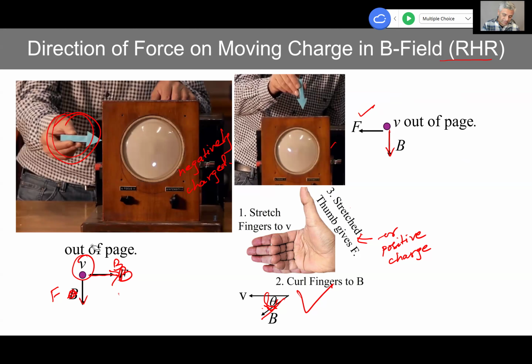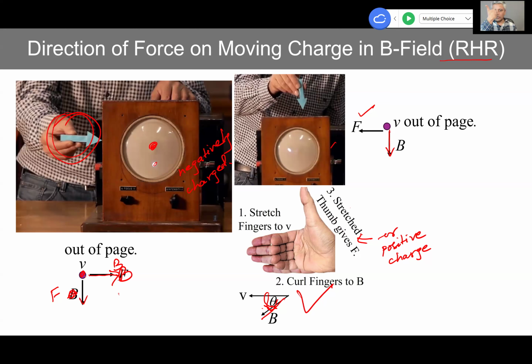So over here, V is directly coming towards the screen. So it's coming towards us. The dot is coming towards us, right? So that means we need to start with these four fingers pointing towards us, towards our nose.